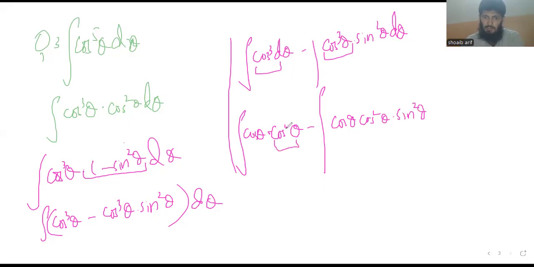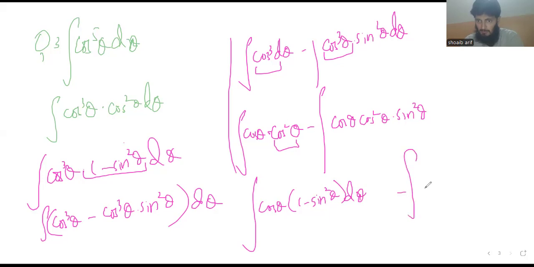So we replace cos square theta with 1 minus sine square theta. So cos theta into 1 minus sine square theta d theta, and here is cos theta into sine square theta.